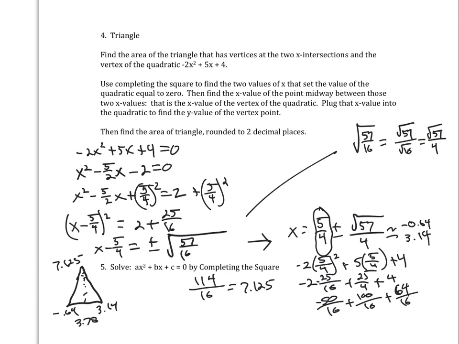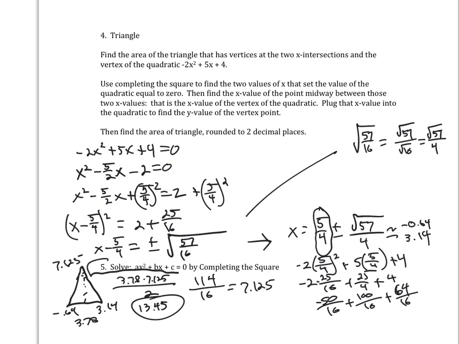And so we're going to end up with 3.78 times 7.125 over 2. And that's going to end up giving us a value approximately of 13.45. Okay, so the area here is 13.45.